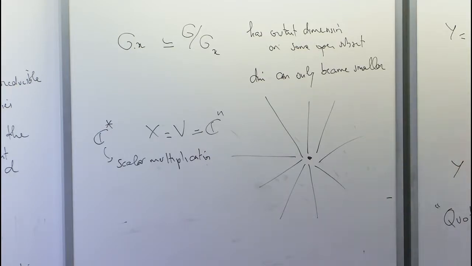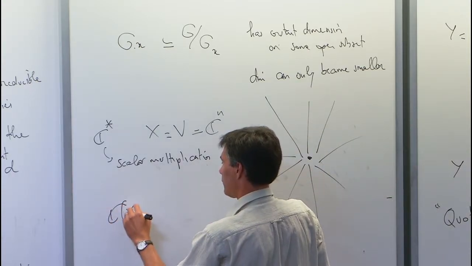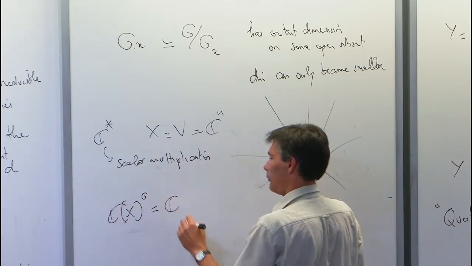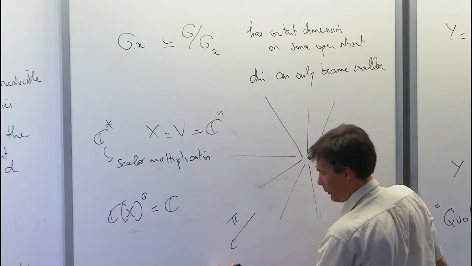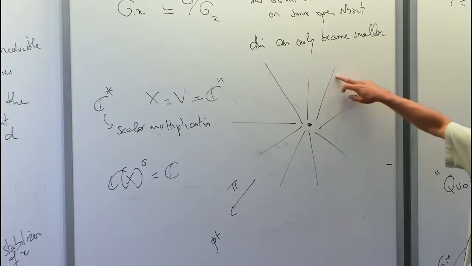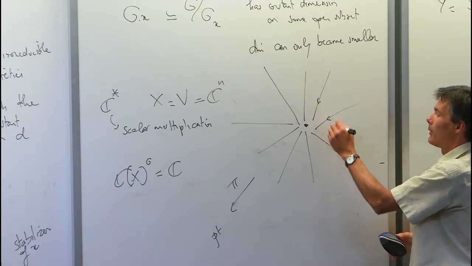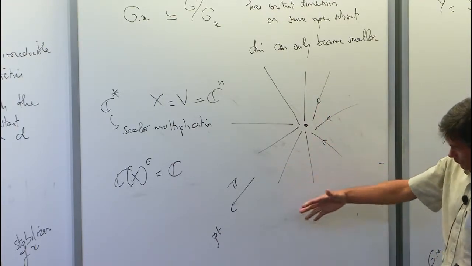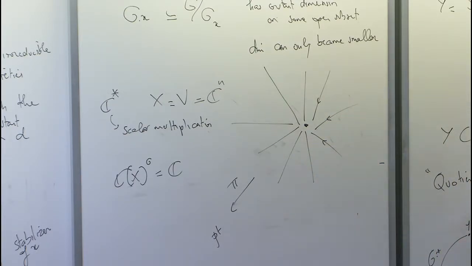What does the construction give? Well, nothing. The algebra of invariants is just the algebra of constant functions. So when you apply pi, you go to one point, because every orbit has 0 in its closure. By scaling, you can go to 0. So every invariant map is constant.